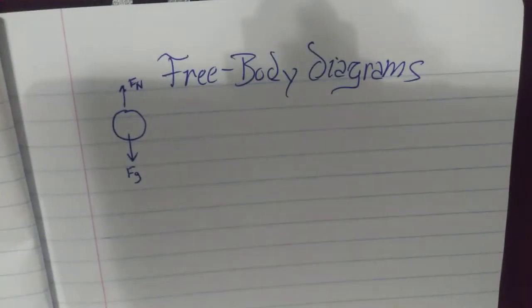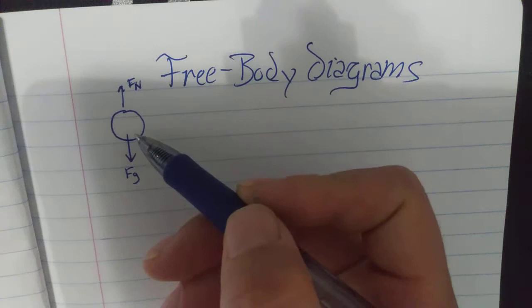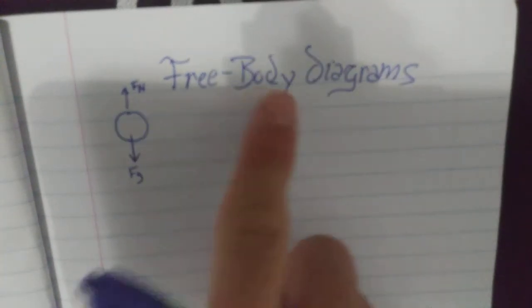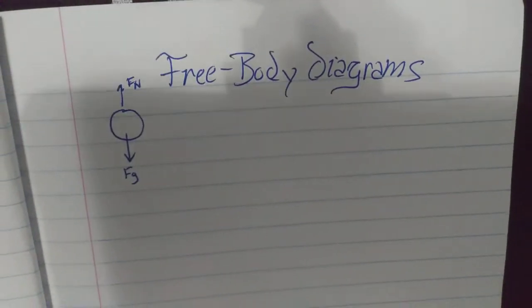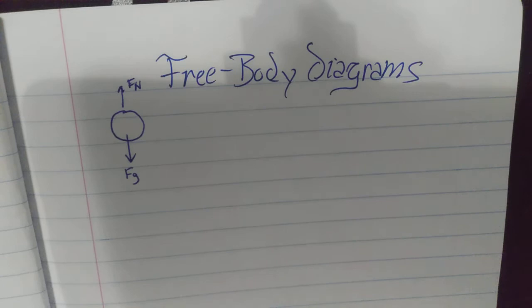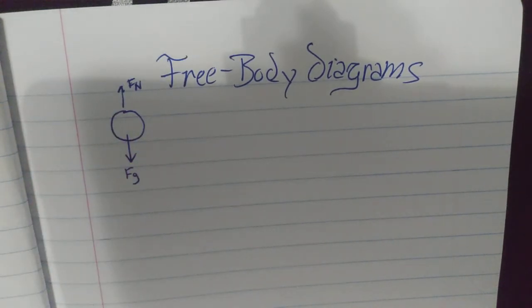So this thing could be on the ground because it has a normal force, but we're not drawing the ground, so it's kind of just in the air. It's a free body, right? But it's being supported by this normal force, which you guys have to know what a normal force is. I think we'll get to that in a minute. That's where free body comes from, because it's kind of just floating in the air, but everything acting on the ball is a force, right? So we're drawing forces now, another exciting thing.